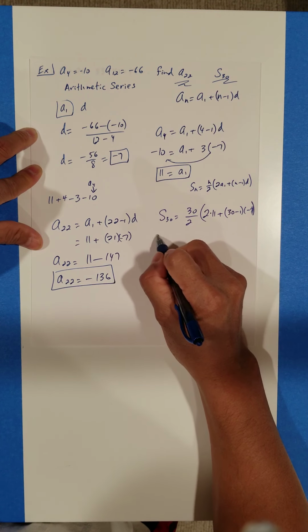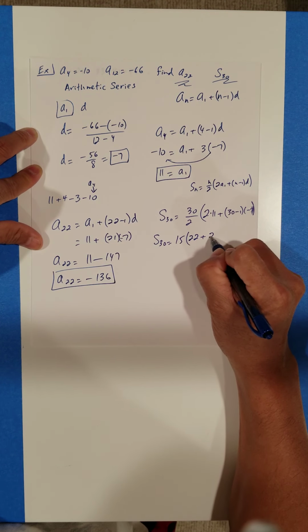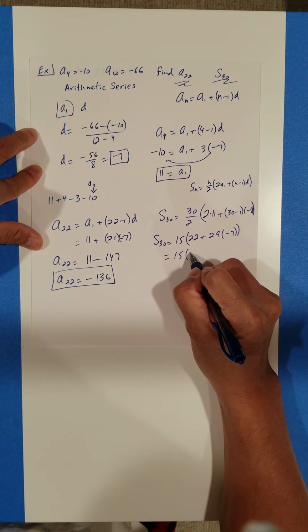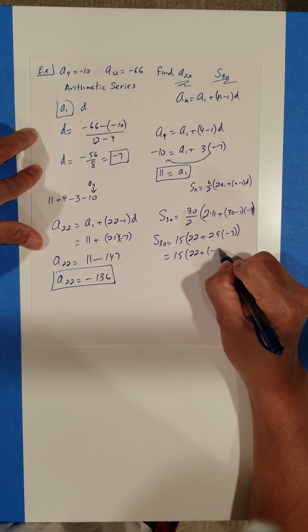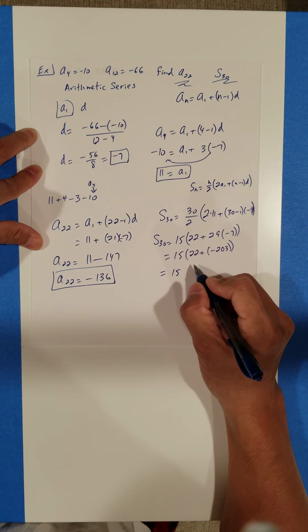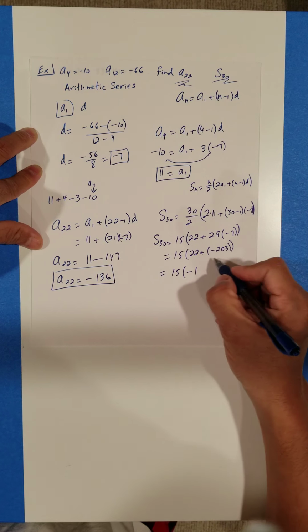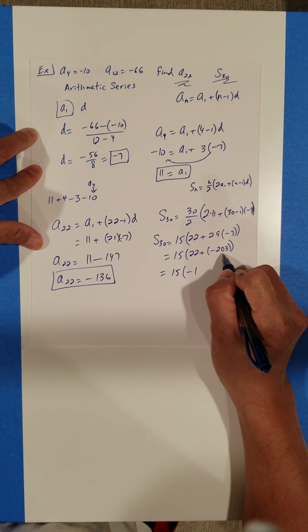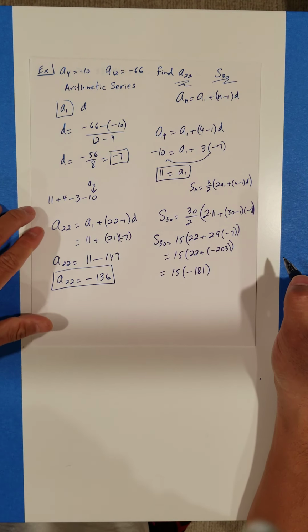So we're looking at 15 times 22 plus 29 times -7, which is 15 times 22 minus 203, so 15 times -181.